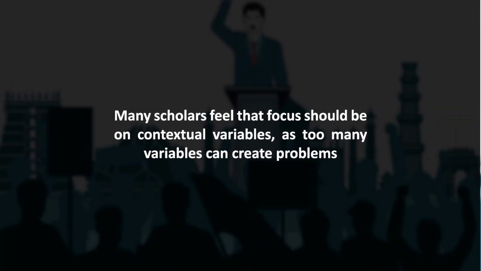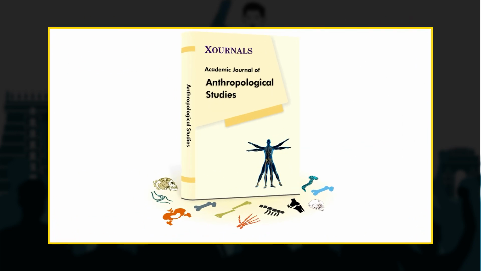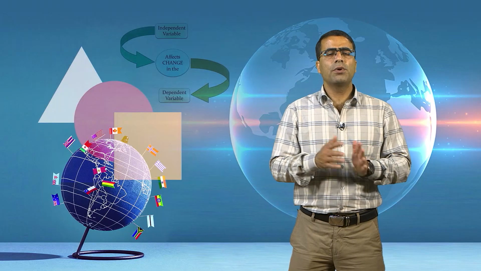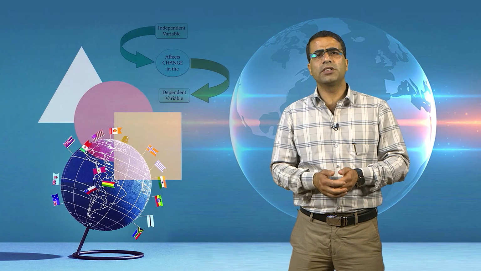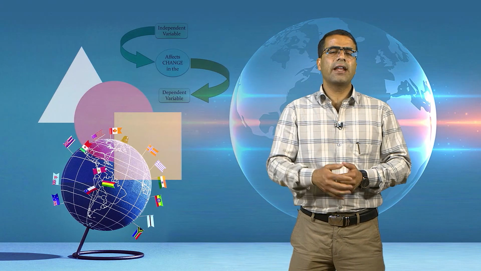Finally, many scholars feel that focus should be on the contextual variables, as too many variables can create problems. This has been used successfully in anthropological studies, and political scientists can also do this by limiting the number of variables.